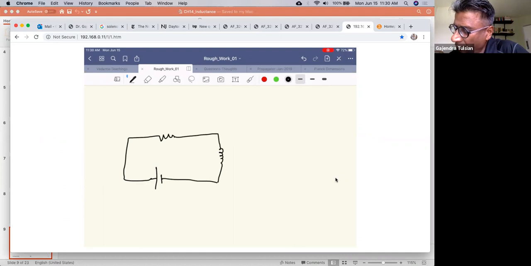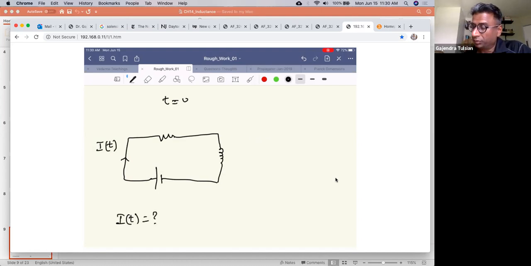At t equal to 0, we close the switch, and the current is a function of time, and that's what we want to find. Like I said, you are all experts at differential equations. You see this system and right away you write down an equation modeling it. How are you going to get that equation? Well, you know Kirchhoff's laws.